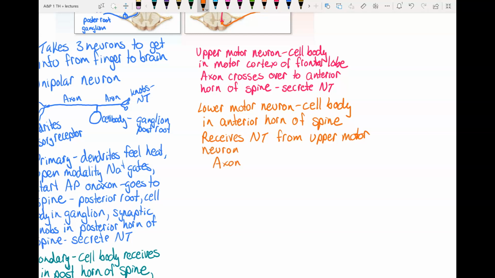Then its axon goes through the anterior root out to the spinal nerve, and then secretes acetylcholine onto the muscle, and that makes the muscle contract.